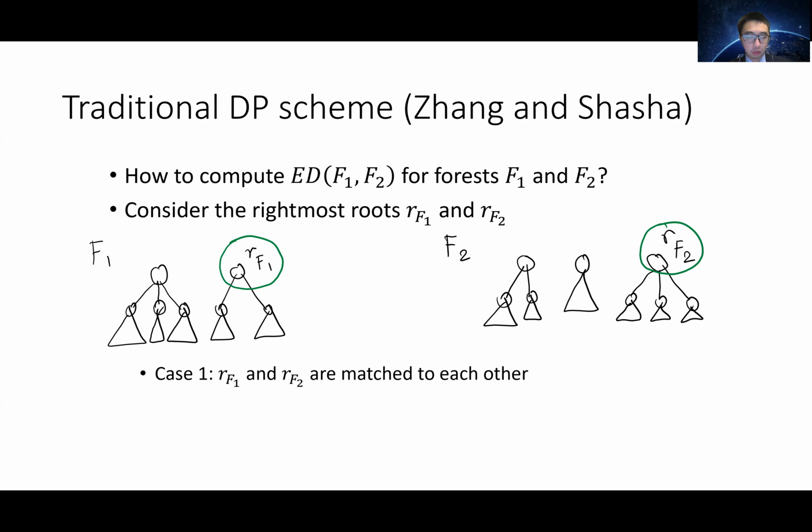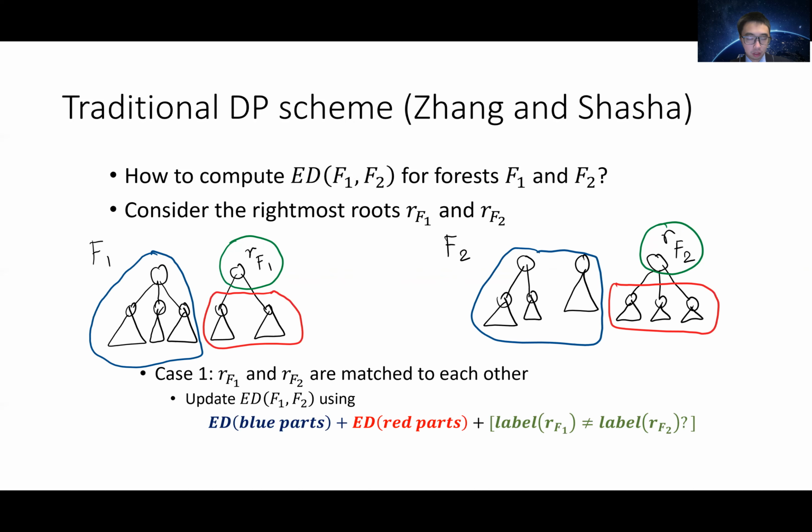There are several cases we need to consider. The first case is when RF1 and RF2 are matched to each other. In this case, we update the tree edit distance using three parts. The first part is the blue part, the second part is the red part, and the final part is the green part. And for the green part, this is equal to 1 if the symbols on the two roots differ, and 0 if the symbols agree.